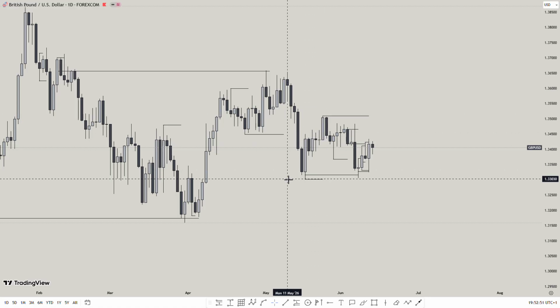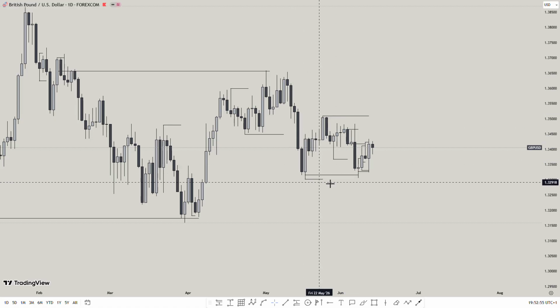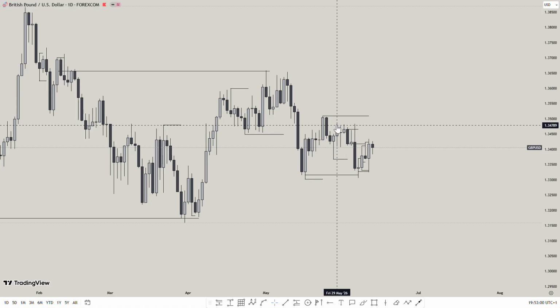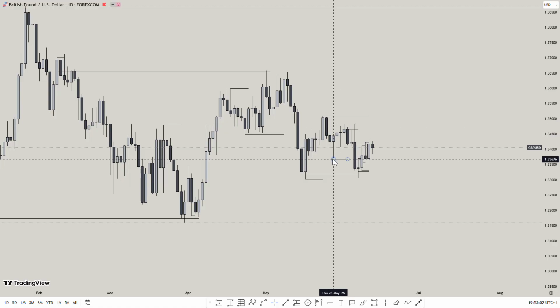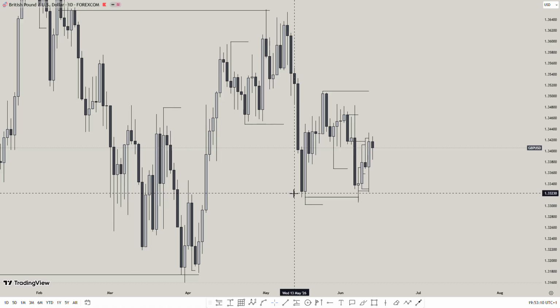But price retraced, with no new ranges formed yet, unless maybe price takes out this low. So price came, gave a low, a high, broke structure to the downside, and then tapped into this daily key level.